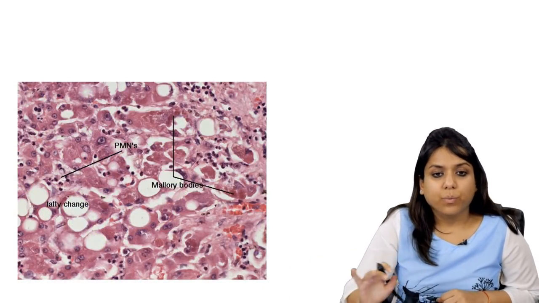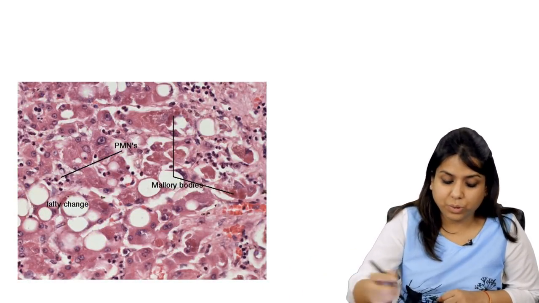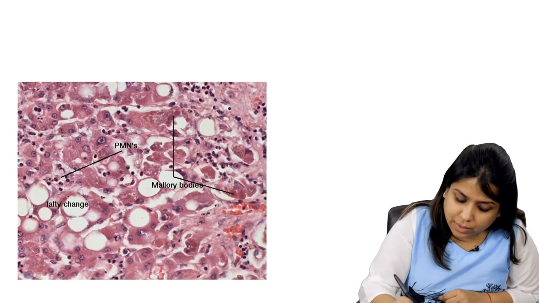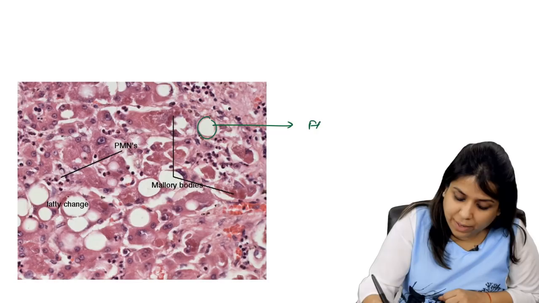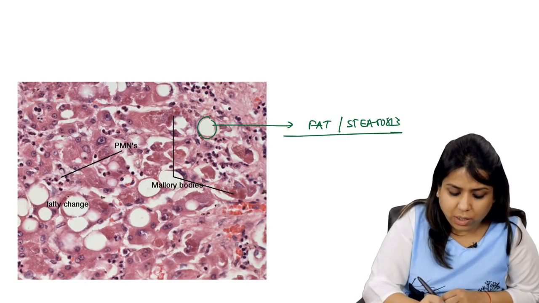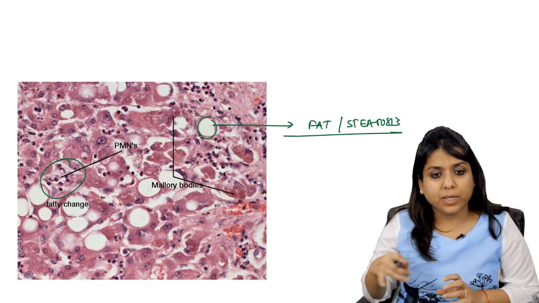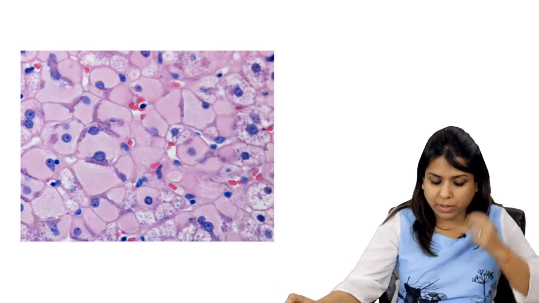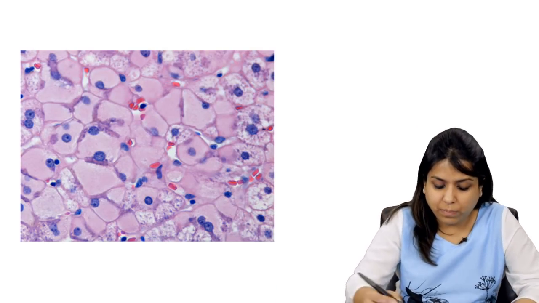Next, if I show you some slides of liver, students, in liver, this is what we call fat. So steatosis will look like this, steatosis or fatty change. There are neutrophils infiltrating the liver biopsy. Mallory bodies, I'll show you a better picture here. Sorry, it will come.